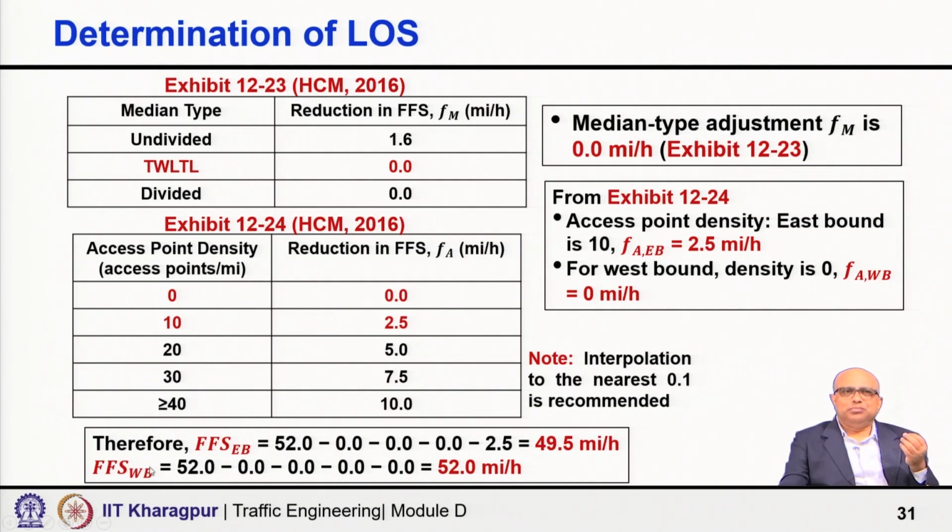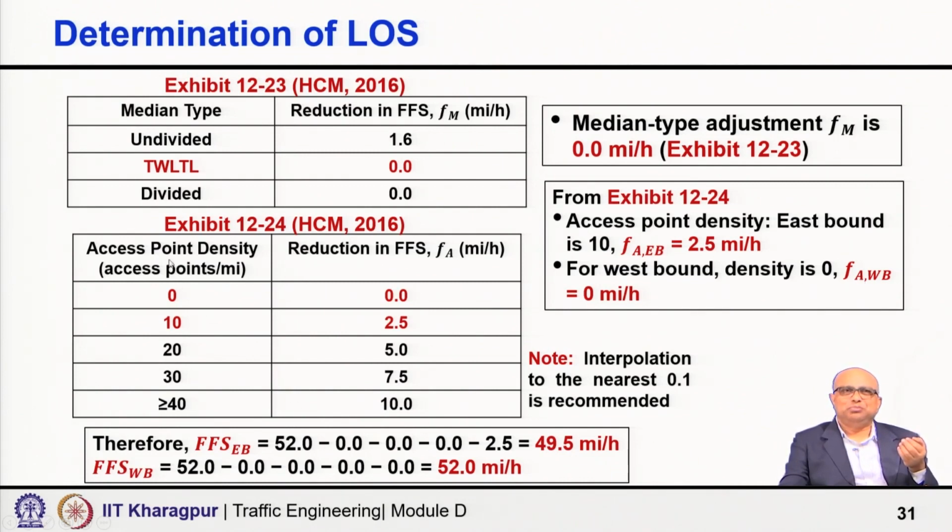So, therefore, the FFS free flow speed eastbound would be 52, these 3 components are 0, and here it is 2.5 for the eastbound. This is the only correction that will be applicable in the present example. And for westbound, no correction, because here also westbound is 0.